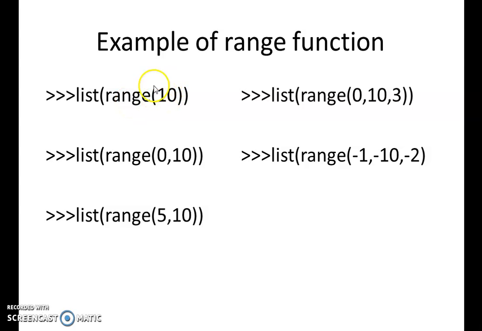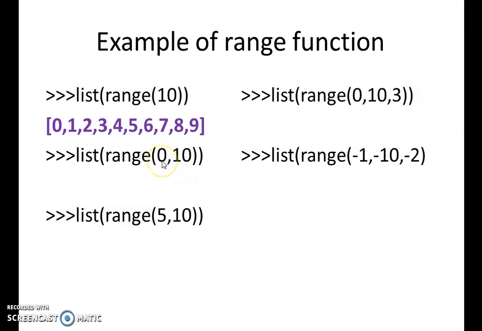So when we provide only one value inside range, it generates integer starting from 0 till 9, because here we have mentioned 10, so it will exclude 10 and output will be 0, 1, 2, 3, 4, 5, 6, 7, 8, 9. So here's the list from 0 to 9.